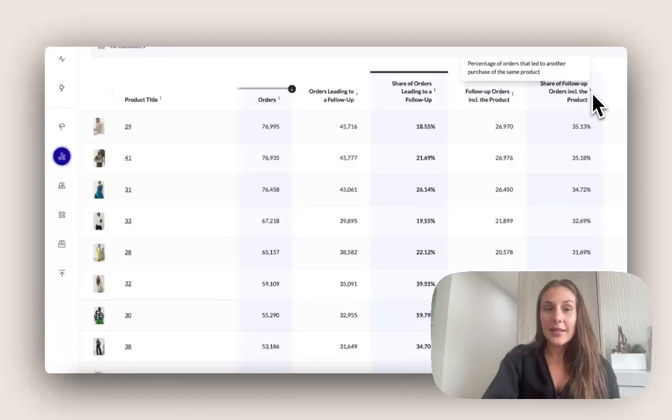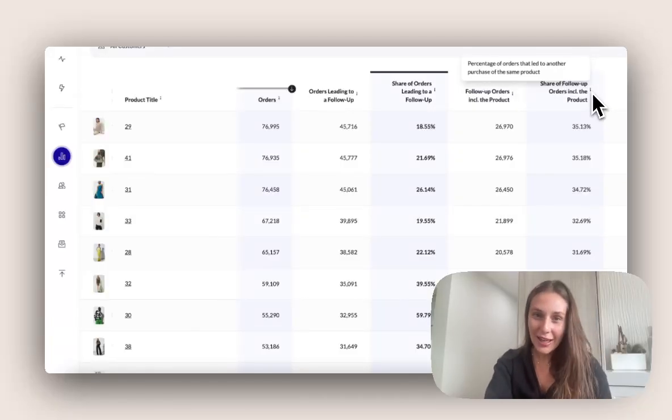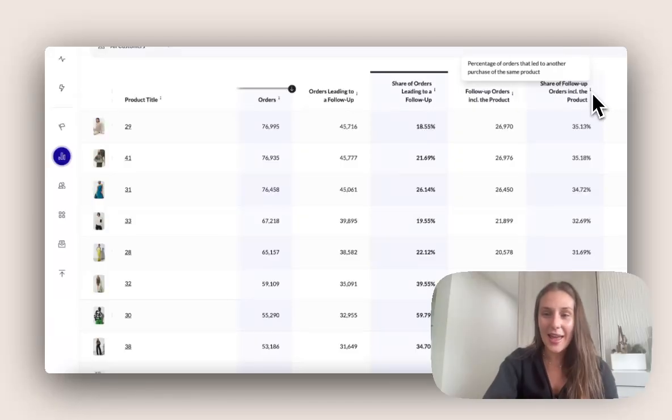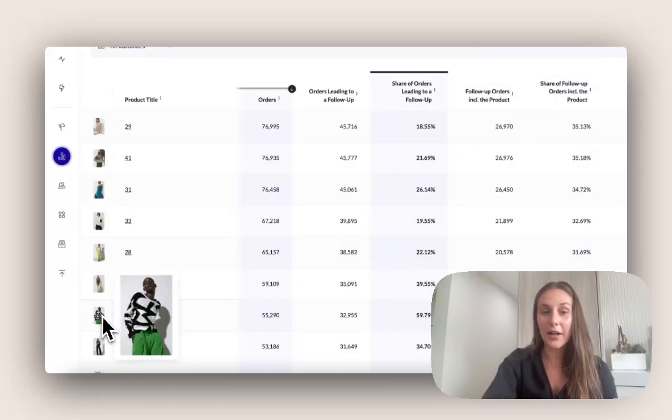Since this is a fashion brand that we're taking a look at here, just to make it as relevant as possible, let's say that this black and white sweater is coming in about 5 different colors. While someone wouldn't come back for that same exact thing, they might come back for it in a different color, as it is a top seller.